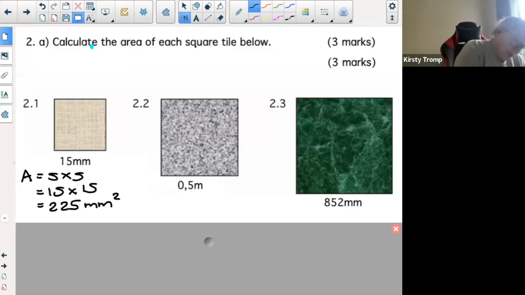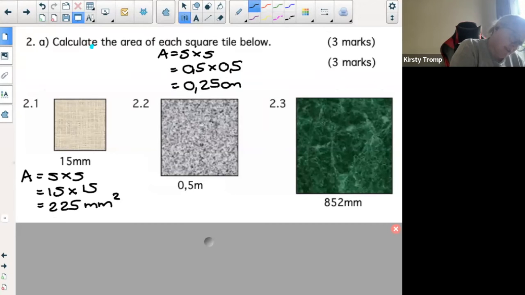For my next shape, I've got area equals side times side. So 0,5 times by 0,5. And 0,5 times 0,5 gives me 0,25 centimeters.